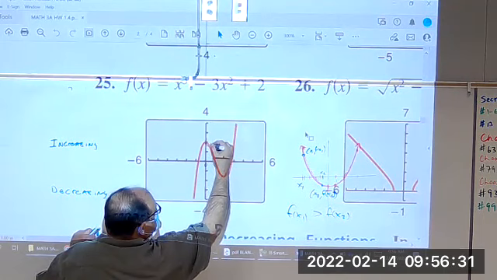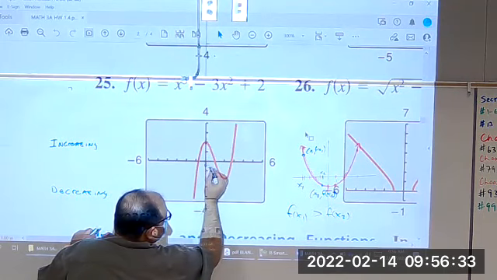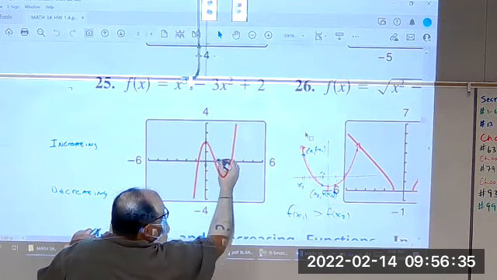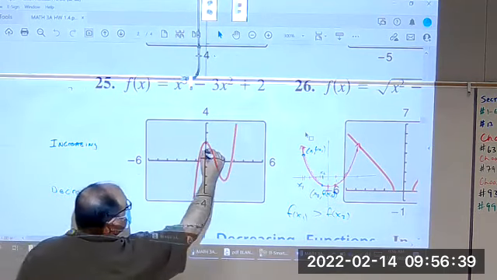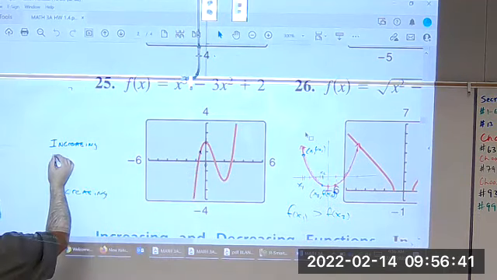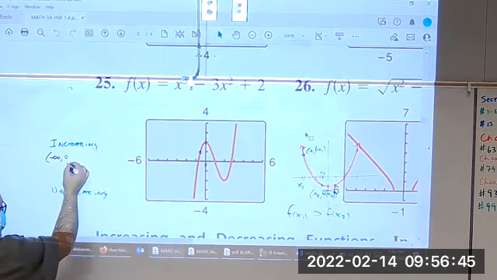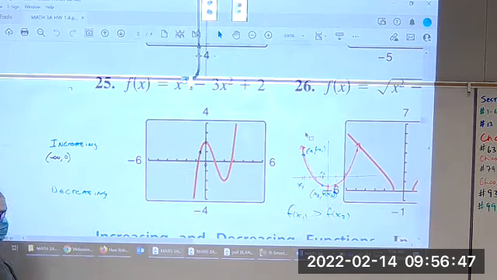Once you get to x is 0, right beyond 0, they start to come back down. So it's going to increase from -infinity all the way to 0, and it's an open interval.